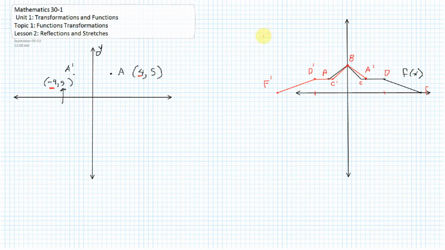So when we reflect on the y-axis, it results in a negative x value.